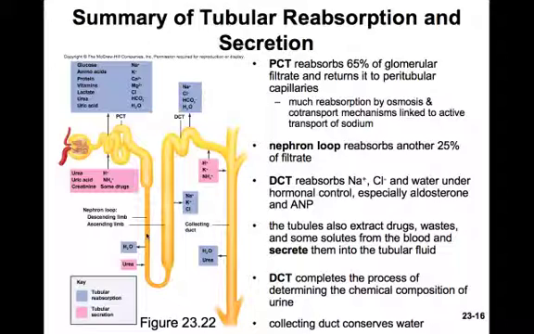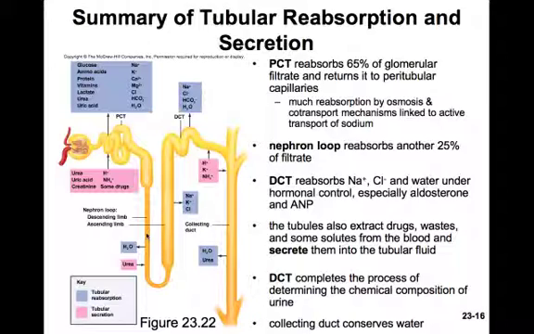So the proximal convoluted tubule is going to reabsorb about 65% of the glomerular filtrate and return it into circulation through the peritubular capillaries. Much of this reabsorption is going to occur by osmosis and co-transport mechanisms linked to some active transport. So lots of ATP is used.